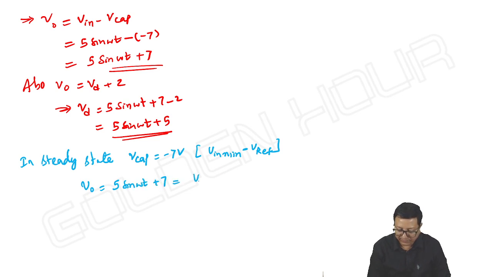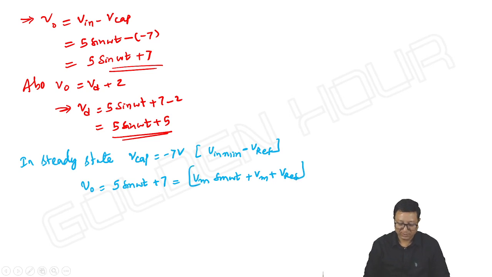Generalizing it, it is like Vm sin omega t plus Vm plus V reference. That's it. This is how we can conclude the result.